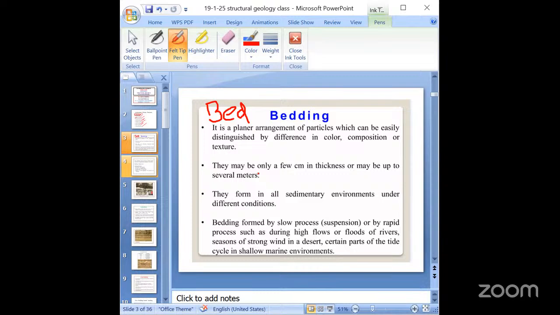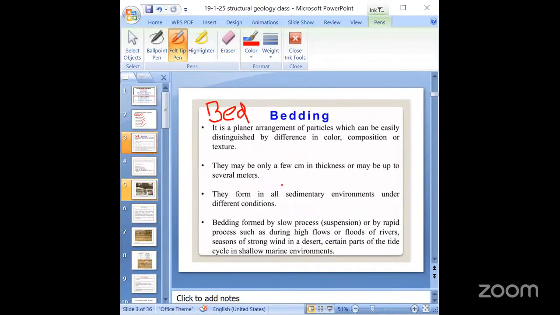This bed thickness varies both vertically and laterally. Their organization, upward increase or decrease in thickness, reflects gradual change in depositional environment. Each bed is separated from the adjacent bed by a surface of contact which gives rise to a plane called the bedding plane, right?